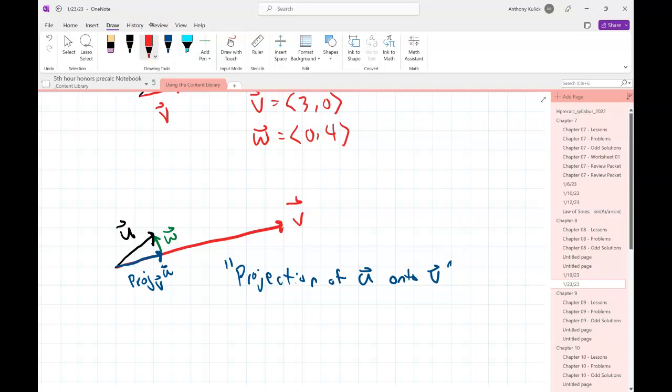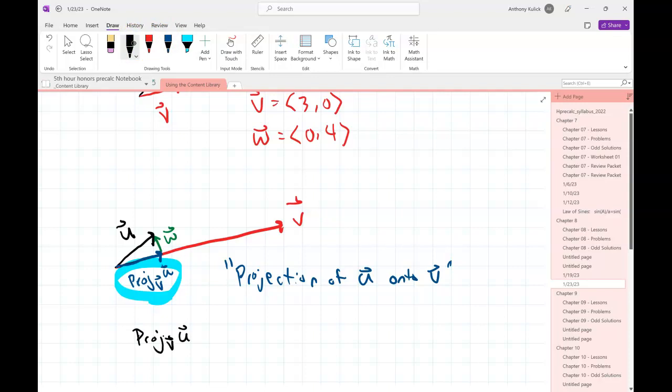How do we do this? Well, if I can find this vector here, the projection, this is pretty trivial to find W, right?